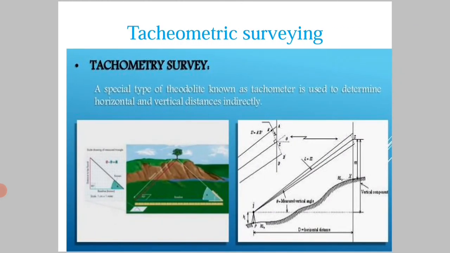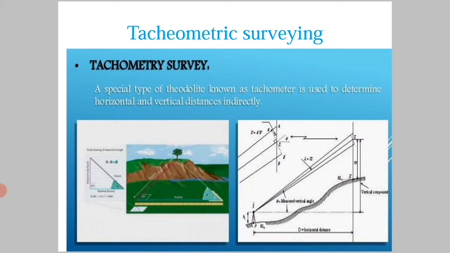Then next is tachometric surveying. What is tachometric survey? Tachometry is based on the property of an isosceles triangle, where the ratio of the distance of the base from the apex and the length of the base is always constant.